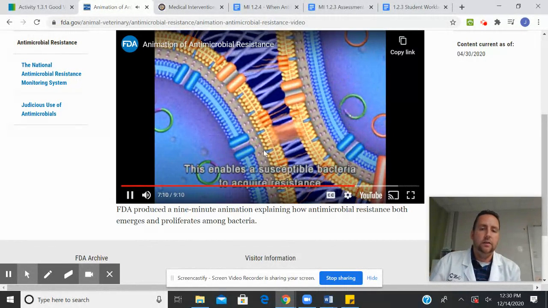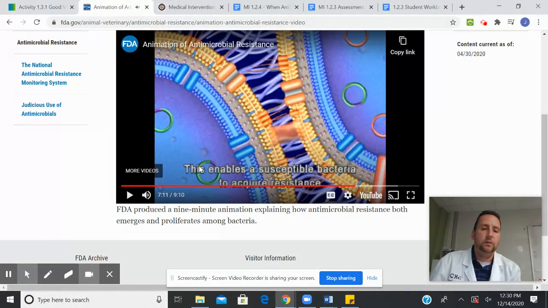So if this plasmid has a gene for antibiotic resistance and it gets copied, then that gene goes into this cell. Now this bacterium will have antibiotic resistance because it received this plasmid and can produce the protein as coded for on this plasmid. So now you have two bacteria, and then all of their offspring will have this plasmid duplicated as well, and they will also have it. So you're now going to spread that even faster.